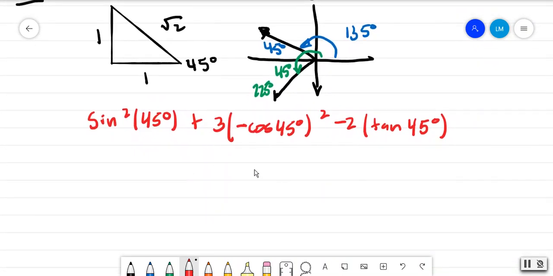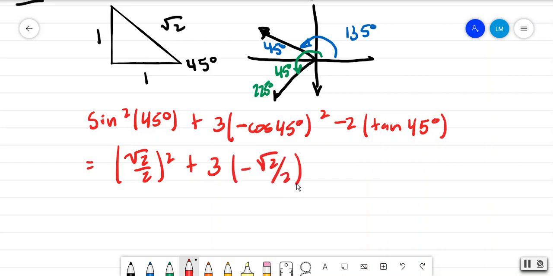So we have, this is equal to, well, sine of 45 is 1 over root 2, which is the same thing as root 2 over 2, and that's going to be squared, plus 3 times minus root 2 over 2, and that's going to be squared, minus 2 times, well, tangent of 45 degrees is 1, so that's opposite over adjacent, and that's just 1.